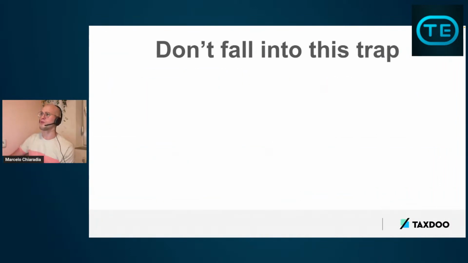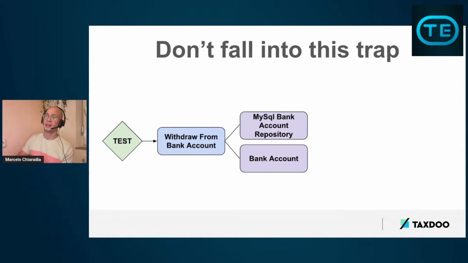Now, something worth mentioning, and it's something I've seen a lot. Whenever we are trying to test the behavior of our application, again, ideally we would like to use this, but something I've seen a lot is that people focus too much on isolating, and they think that we should test the withdraw from bank account use case completely isolated.